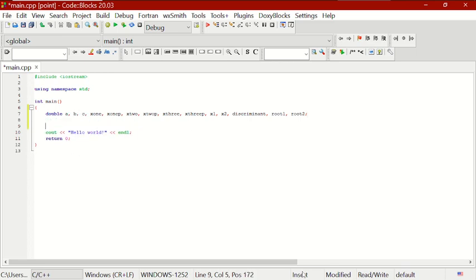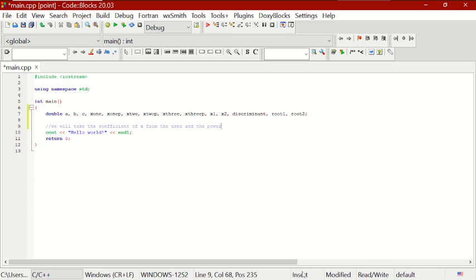From here, let's create a comment so that you can see what we want to do. In this program, we will take the coefficient of x from the user and the power.